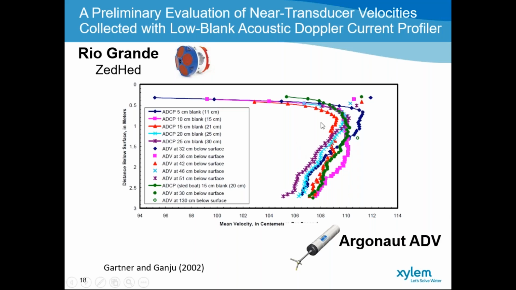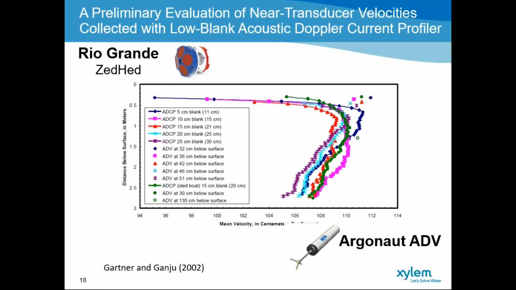So what they did was perform field measurements using a RioGrande Z-head in the field, and then compared those measurements against an Argonaut ADV in the same region from the instrument itself.